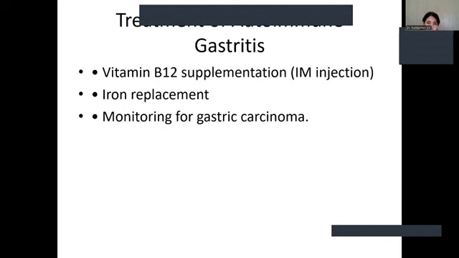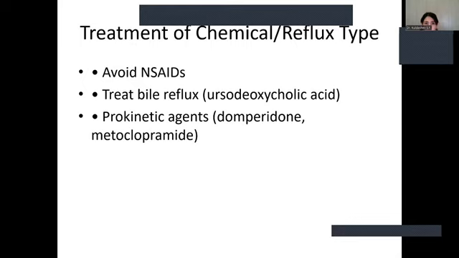The treatment also includes vitamin B12 supplementation, iron replacement, and monitoring for gastric carcinoma. Treatment of the chemical type: avoid NSAIDs. Use antacids, which treat bile reflux, and prokinetic agents.